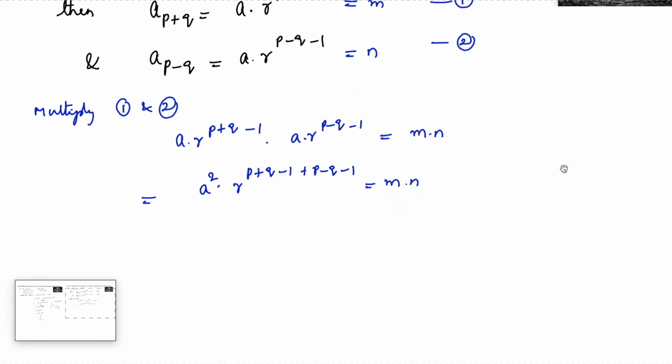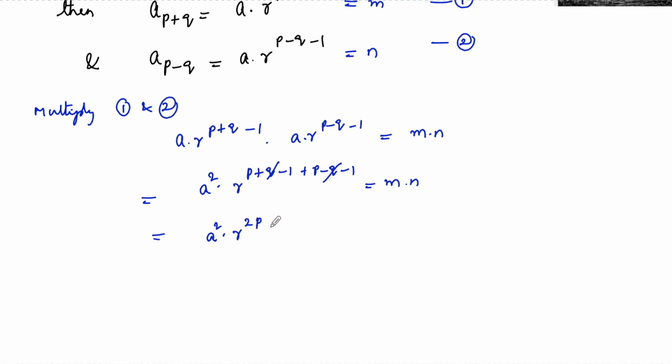So we can cancel plus q and minus q, and we get a squared into r to the power 2p minus 2 equals mn, that is a squared into r to the power 2 times p minus 1 equals mn.